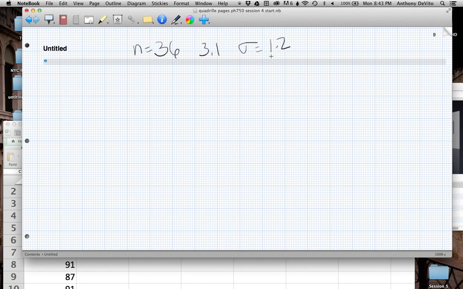Okay, that's the true standard deviation of grades, 1.2. So now our sample, this would be X bar. That's the result of our sample, right?